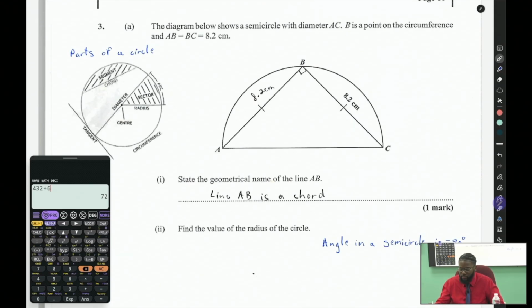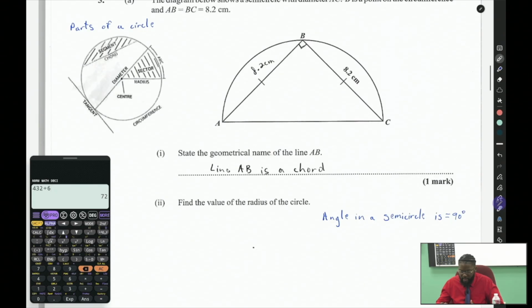Or you could also use angle in a semicircle is 90 degrees. All right. So that means that this is a right-angled triangle. And we are to find the radius. So to find the radius, we have to find AC.